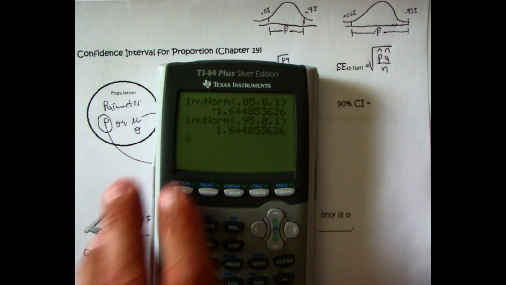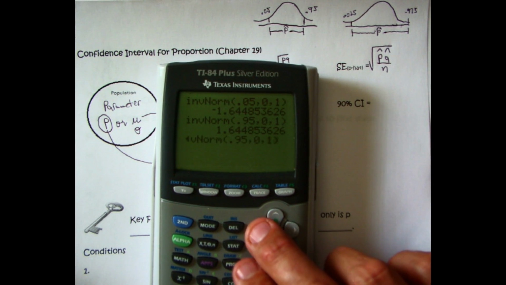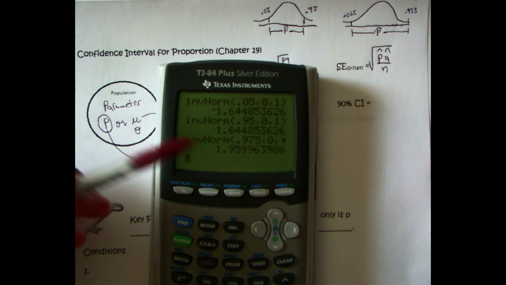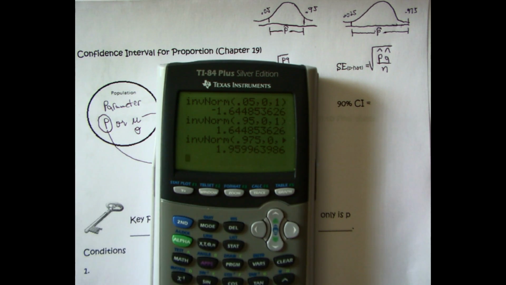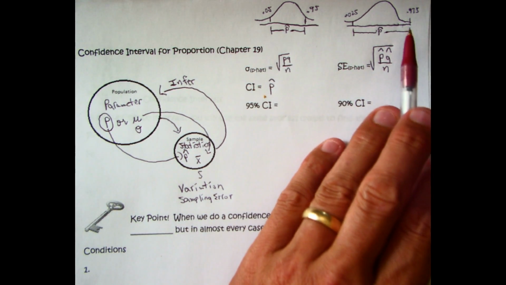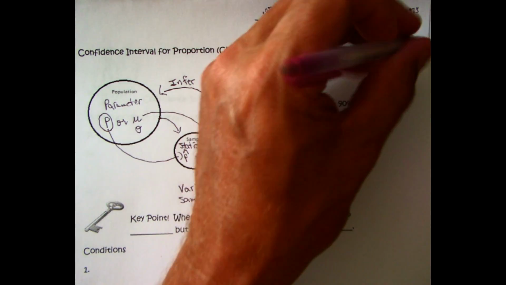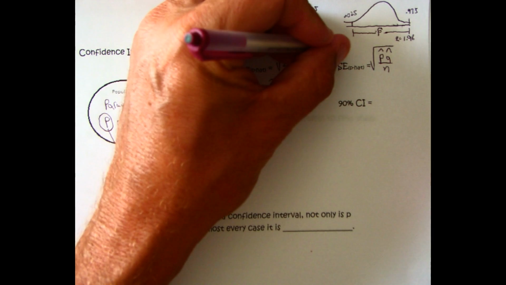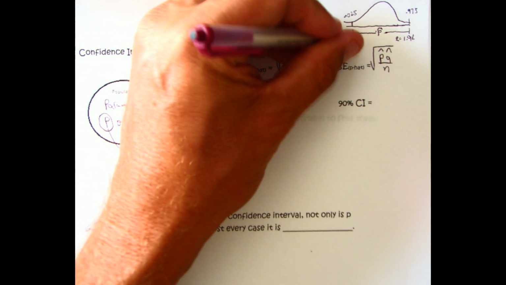So I go to my calculator and ask what's the z-score for that, and it's 1.96. If this is a z-score of 1.96, then this must be z equals negative 1.96.